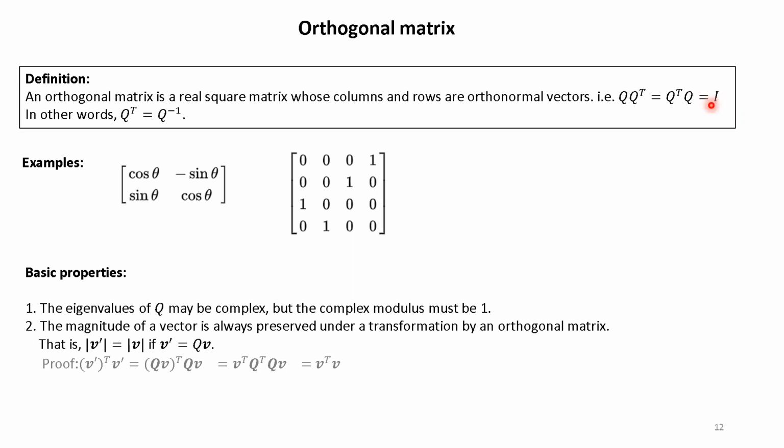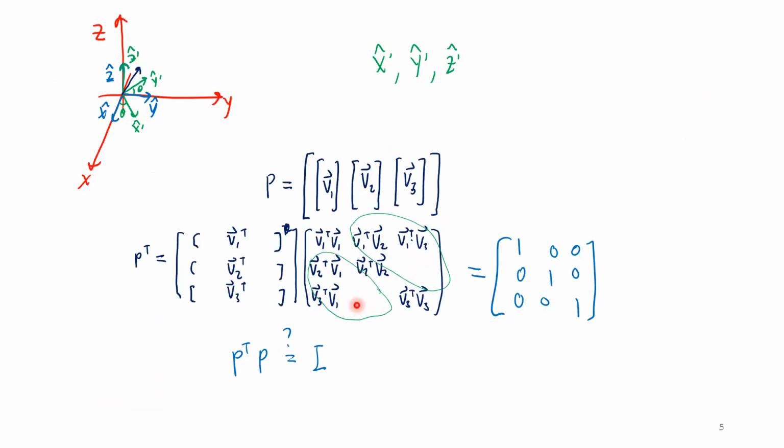And in fact, you can go back to what I talked about earlier in this lecture. When we have this matrix P, which is constructed by an orthonormal basis, remember earlier I told you that P transpose P is an identity matrix.